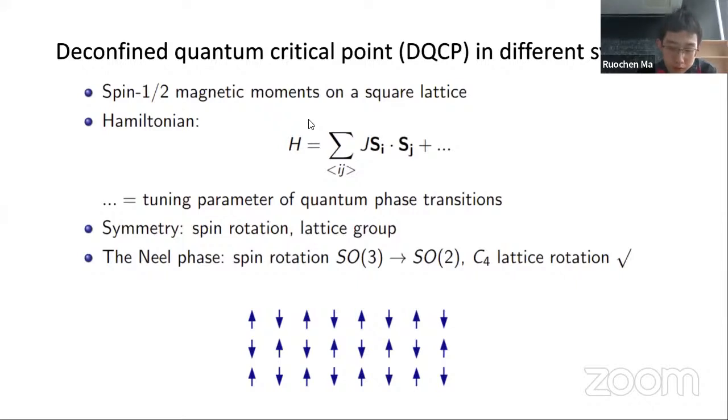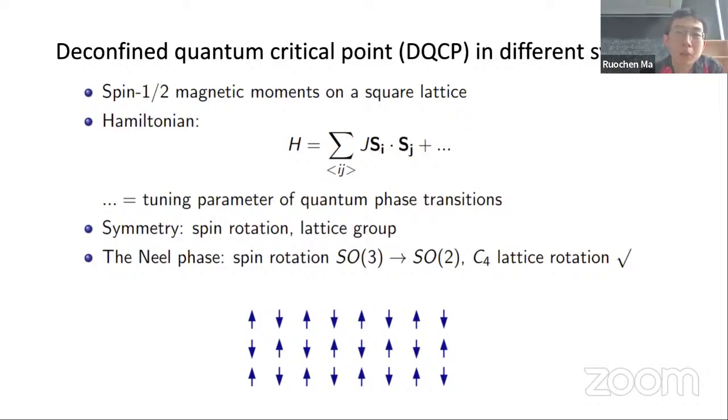For example, you may imagine a spin-one-half magnetic moment on a 2D square lattice. It does not have to be a square lattice, but the square lattice can be understood most easily. So at each lattice site of the 2D square lattice, there is a spin-one-half magnetic moment.